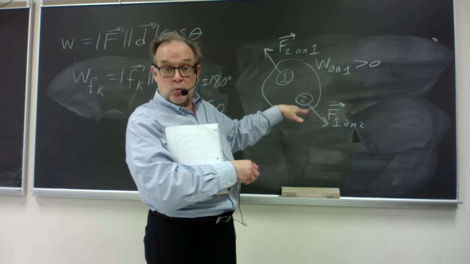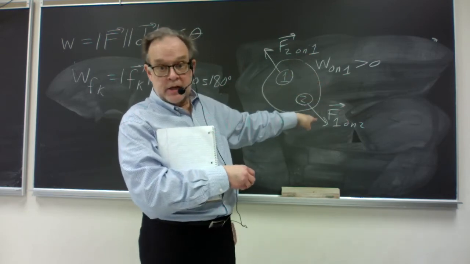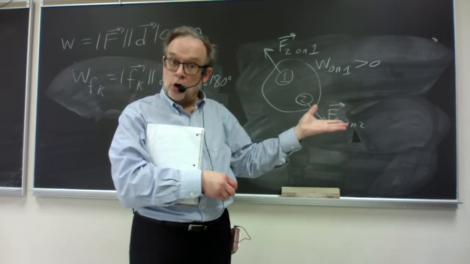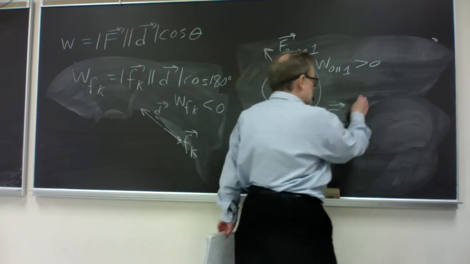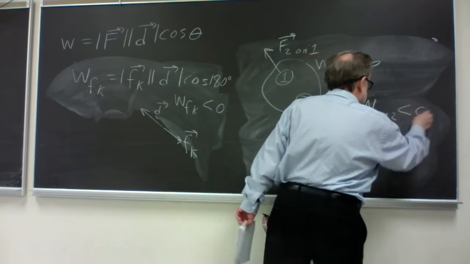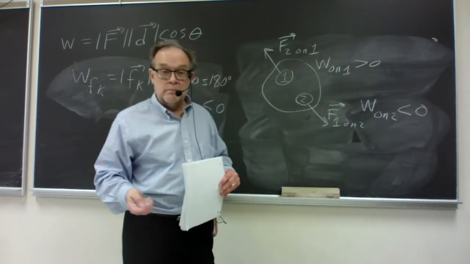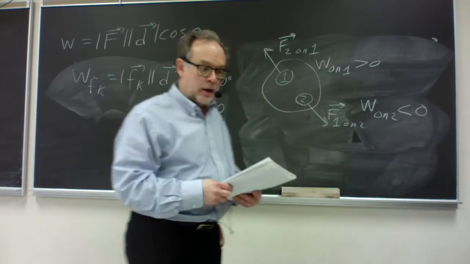Energy is taken away from thing two by means of work. This force on thing two does work, and it must be doing negative work because thing two gave up some of its energy, gave it to thing one.